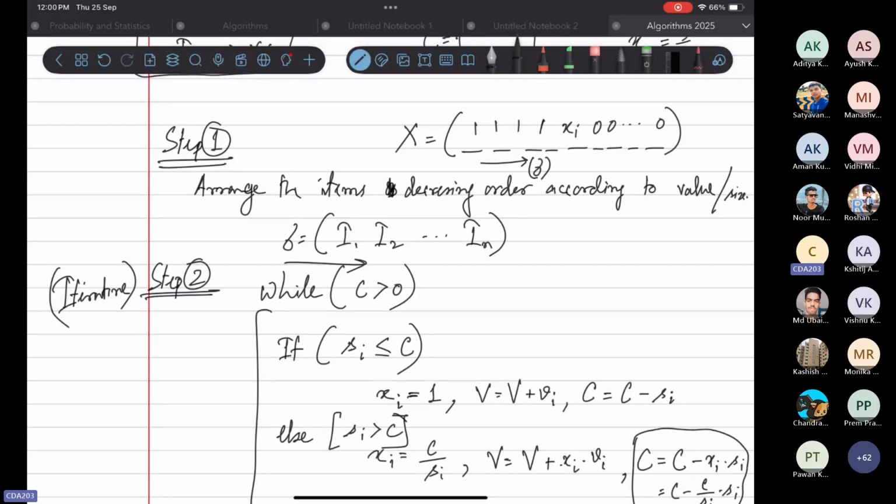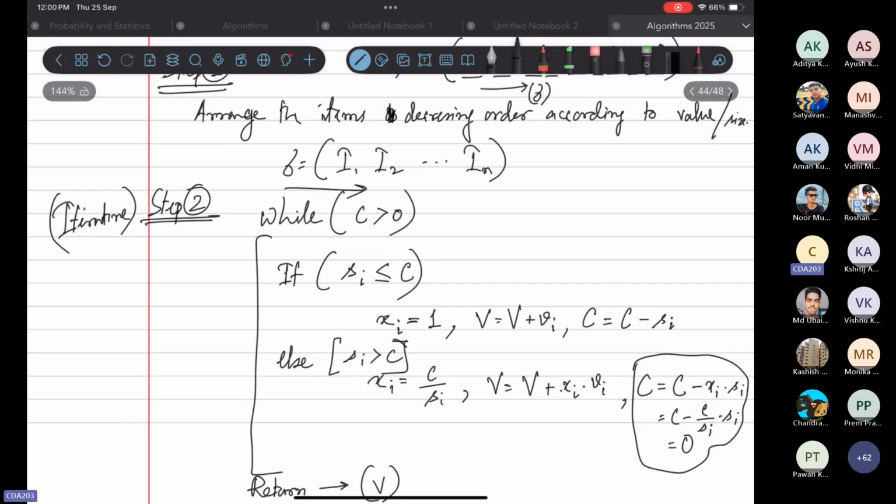But after one fraction, there may be another fraction. Yes, there may be. But what we are doing here in the code, that's why I have highlighted this point: whenever you are choosing some fraction, it actually guarantees that your remaining capacity becomes 0. And once your remaining capacity is 0, you are not doing anything else.